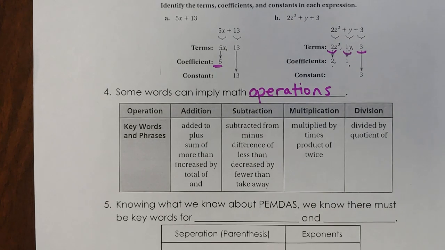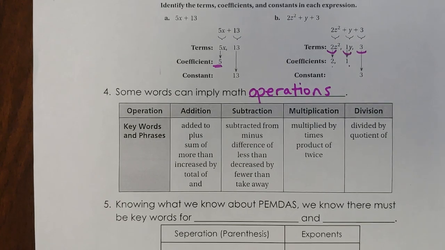So for addition, some of the key words are added to, plus, sum of, more than, increased by, total of, and. So if I said 3 and 4, that equals 7, right? Subtraction: subtracted from, minus, difference of, less than, decreased by, fewer than, or take away. All those are ones you know.